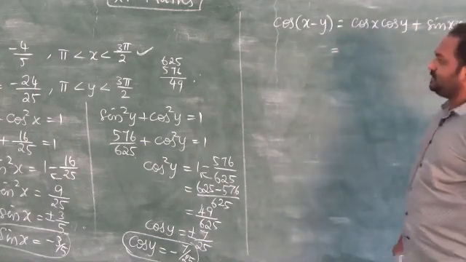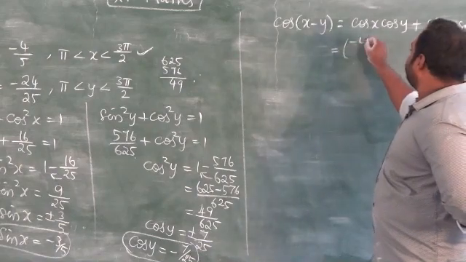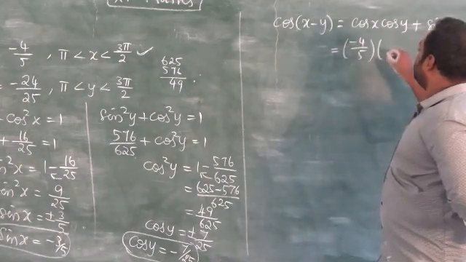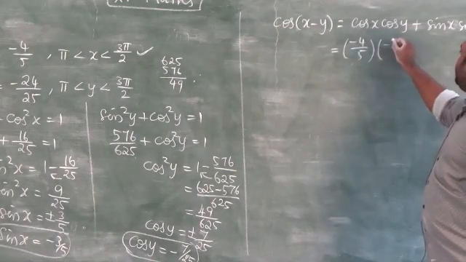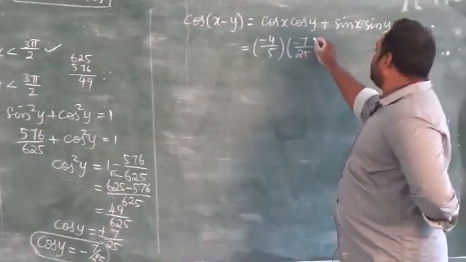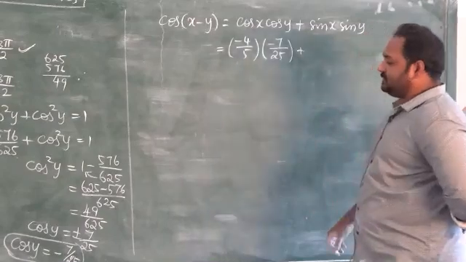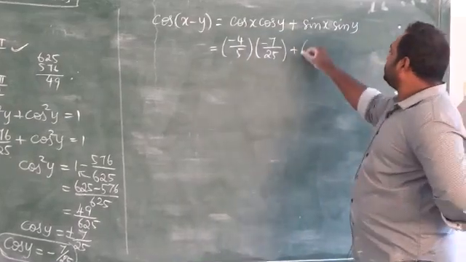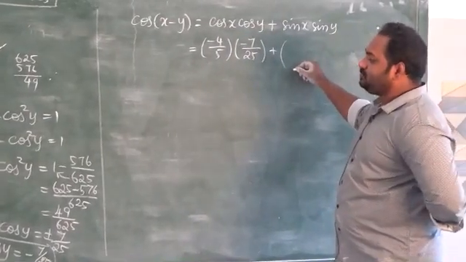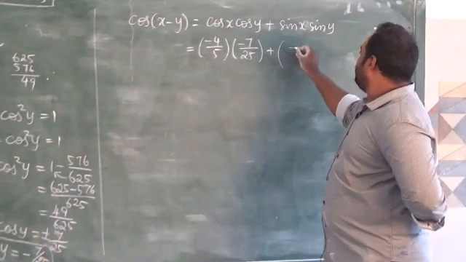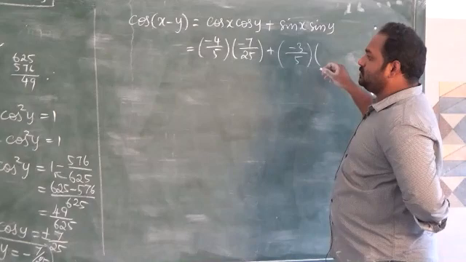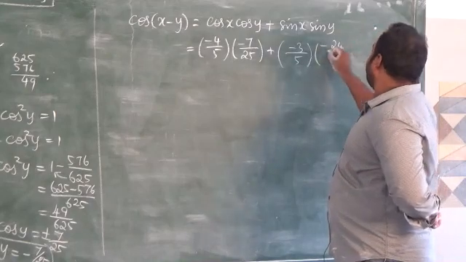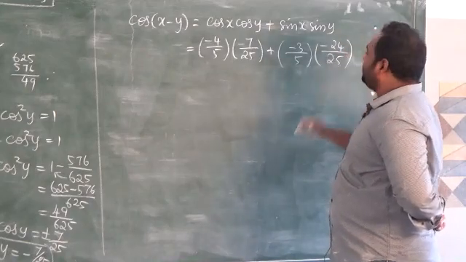Cos x value is minus 4 by 5. Cos y value we have found is minus 7 by 25, plus sin x value minus 3 by 5, sin y value minus 24 by 25.